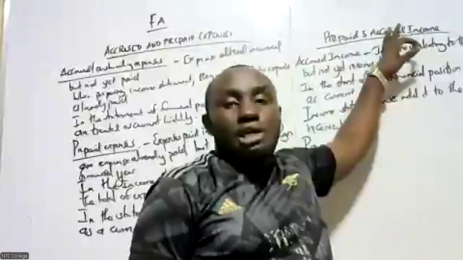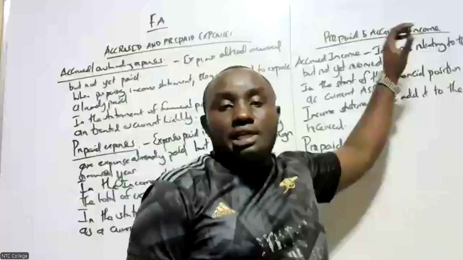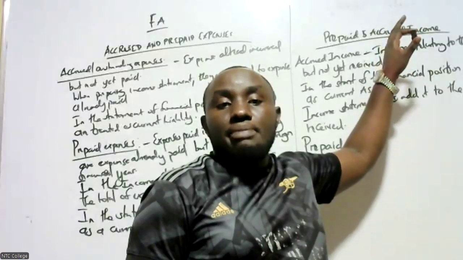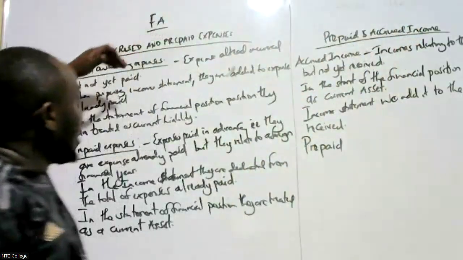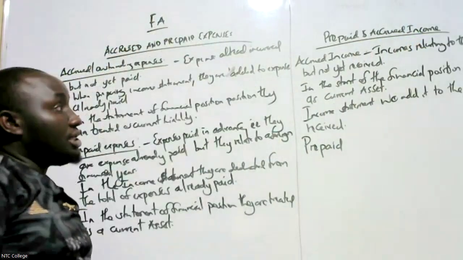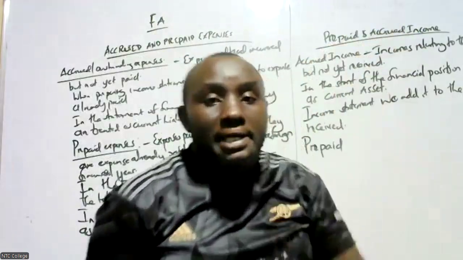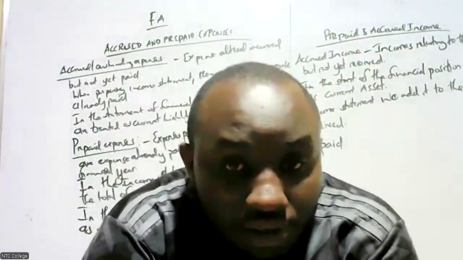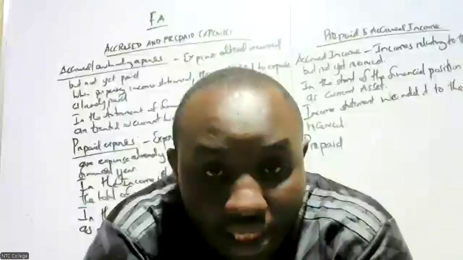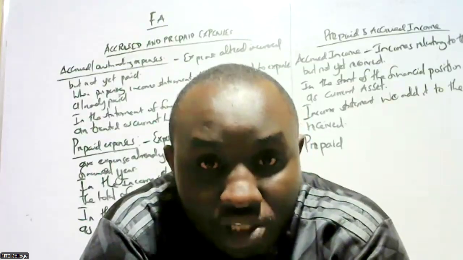So you're not talking about an asset, but you're talking about incomes altogether. On this end, we were talking about accrued and prepaid income. We were not talking about debtors, but we were talking about accrued and prepaid incomes. Are we together? I think that's where you have a confusion.